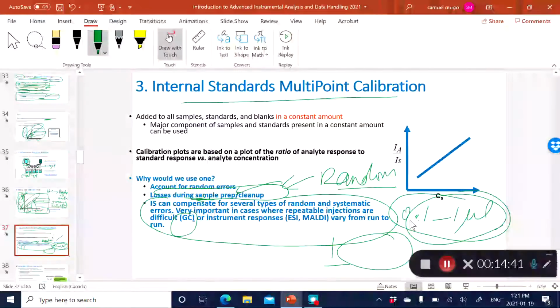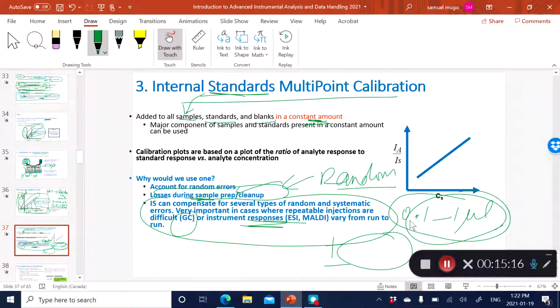And so to correct for sample preparation errors and for random errors or variabilities of the instrument, you typically use the so-called internal standard calibration method. The way it works is you take an internal standard, meaning the concentration is known, and you spike it in a constant amount into the samples, the standards, as well as the blanks.